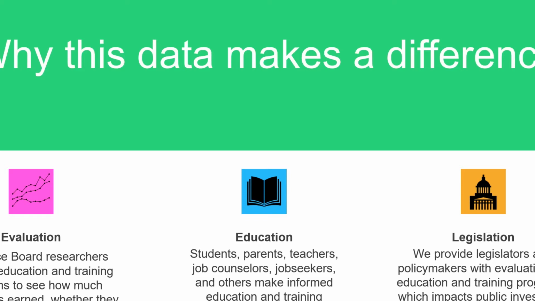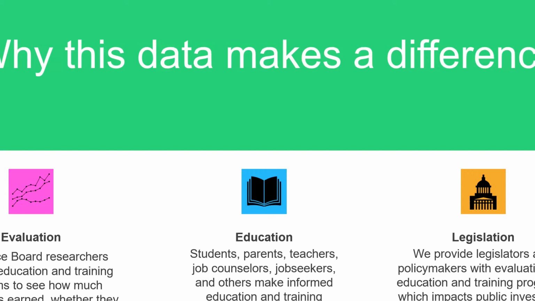So we actually take the data that you report and we do a wage match with the student social security numbers. And then we take the data that we get back from crunching the numbers and we put it out on our CareerBridge website so that students can come look at the website and see how these programs performed so that they can make educated choices about what programs they'd like to take.